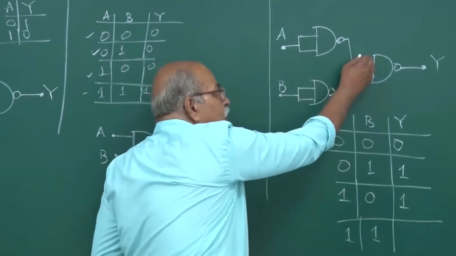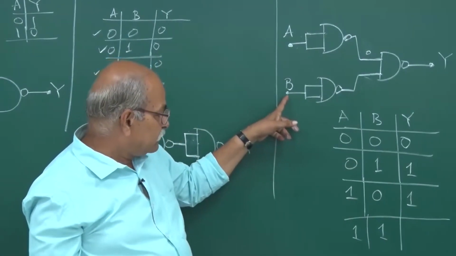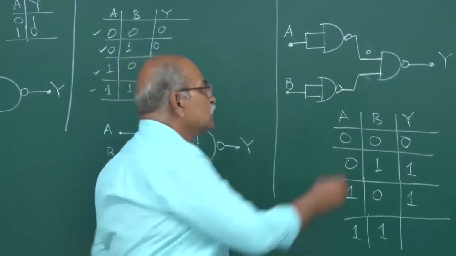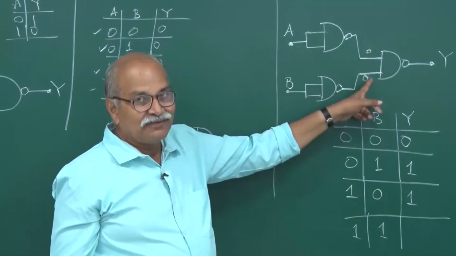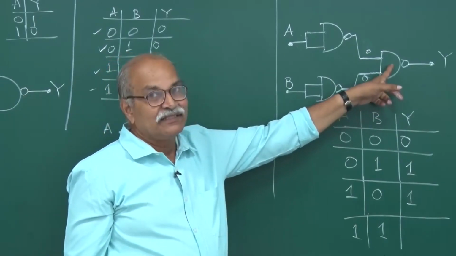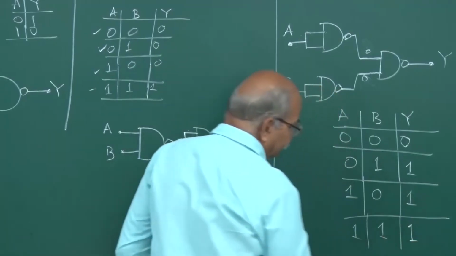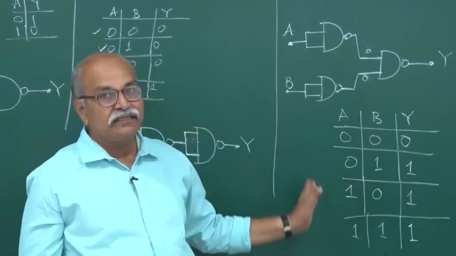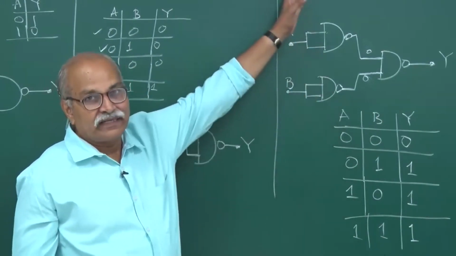So this is 0. And then here it is 1. So this was 0. This will also be 0. And 0 and 0, AND of 0 and 0 will be 0 here. And not of that will be 1 here. So it is 1. And you can see that this is OR. So this gives me OR circuit.